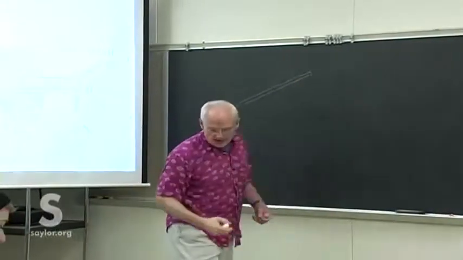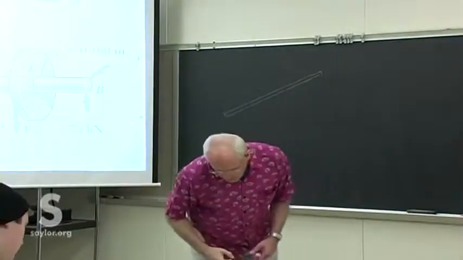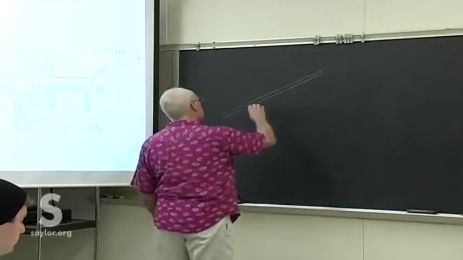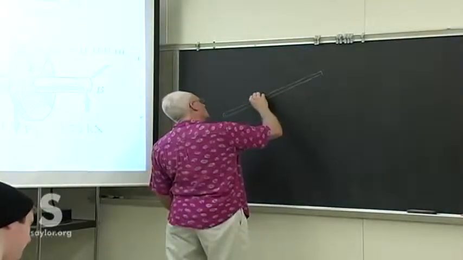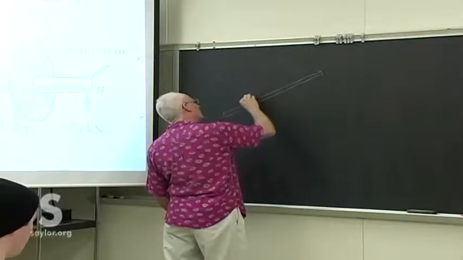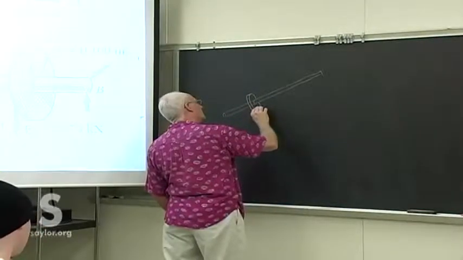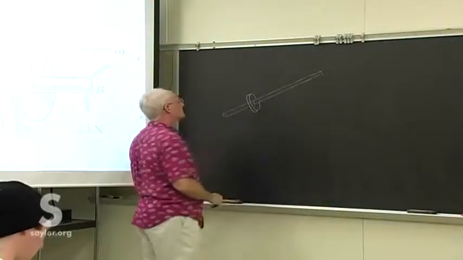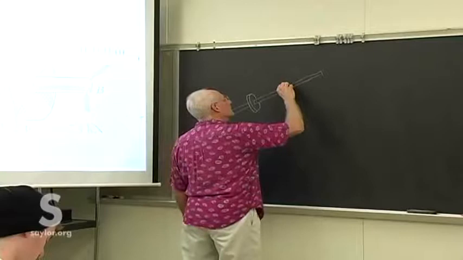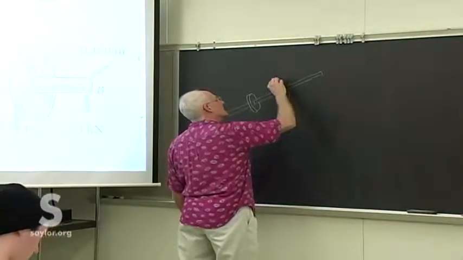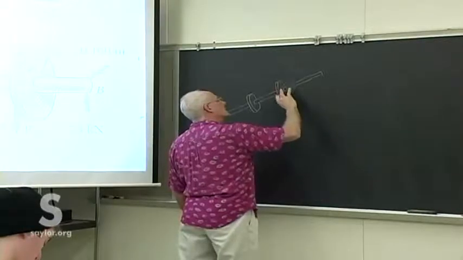Here's our shaft. We've got two 50mm radius gears. One there, and one there, equally spaced, one third of the way each along the shaft.